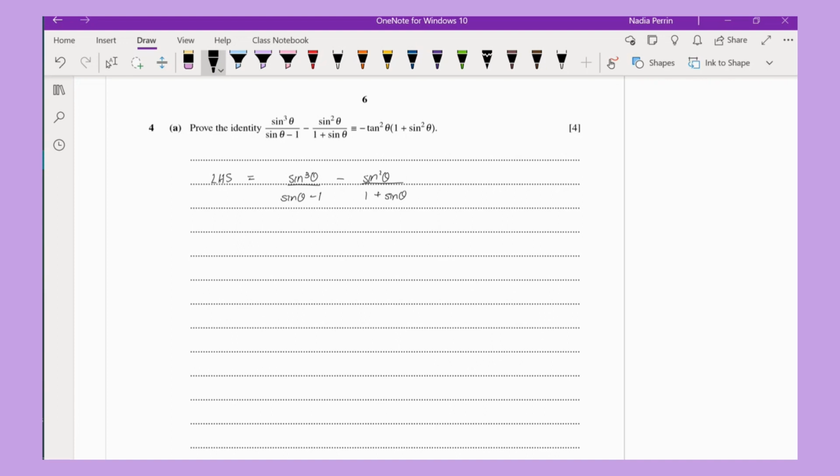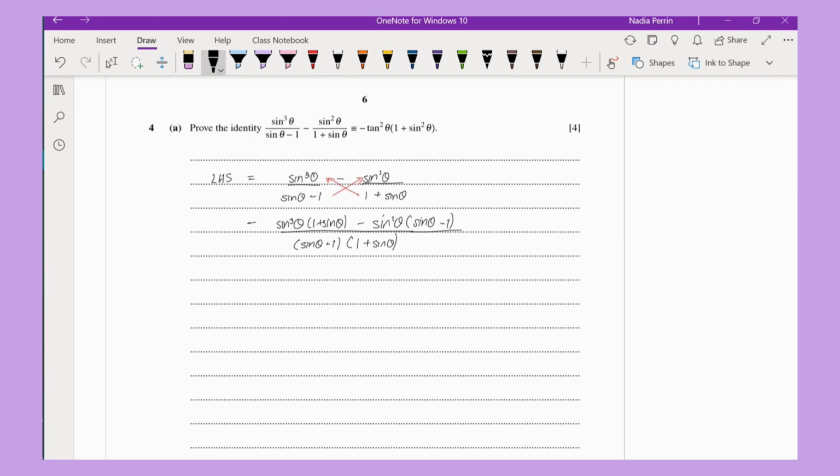We're going to make a common denominator. The common denominator is going to be these two times together. And in order to do that, we're going to have to multiply that one up and that one up. So we're going to end up with sine cubed theta all times by 1 plus sine theta minus sine squared theta times sine theta minus 1.